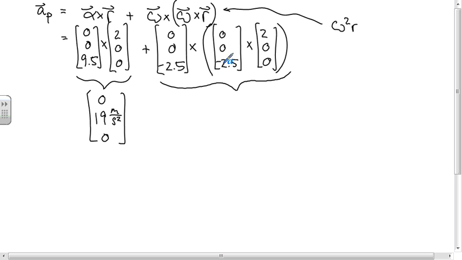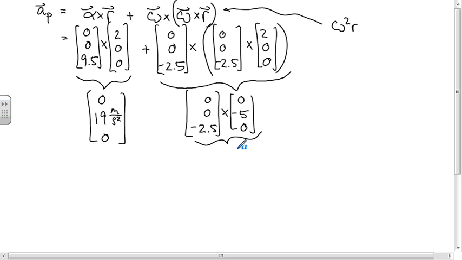And then over here, if you take the cross product, you have 0, negative 5, 0, I think, and then cross that with 0, 0, negative 2.5. And you get an answer that is, what is it? 12.5, yeah. 12.5, 0, 0, negative, right?